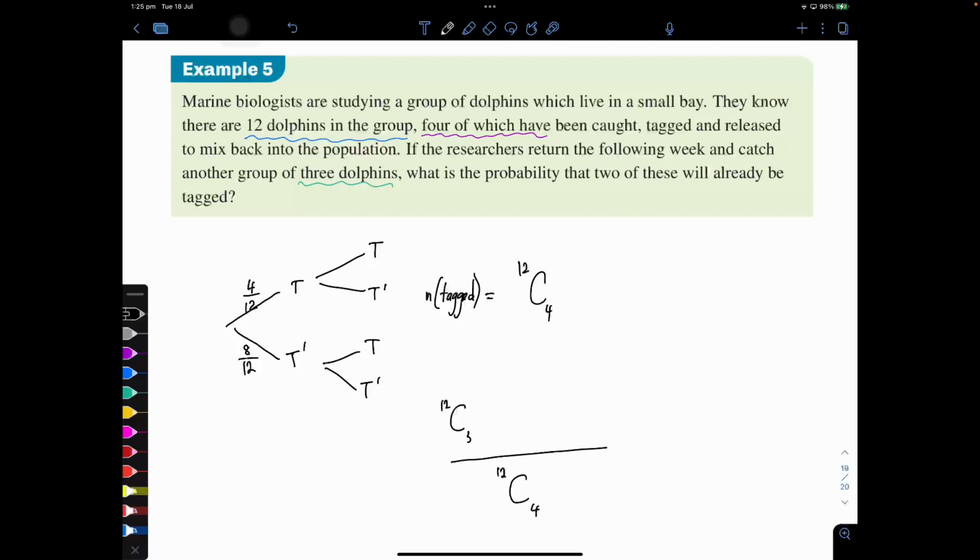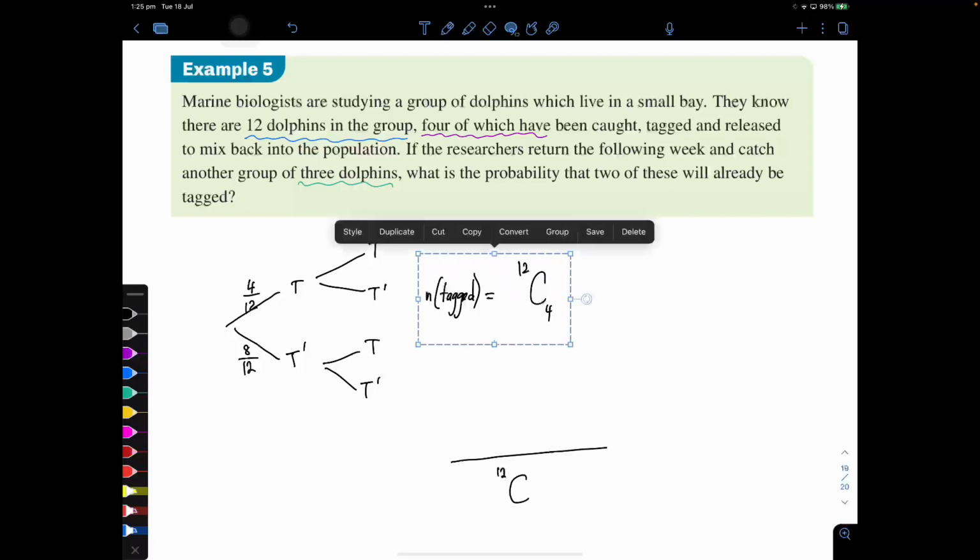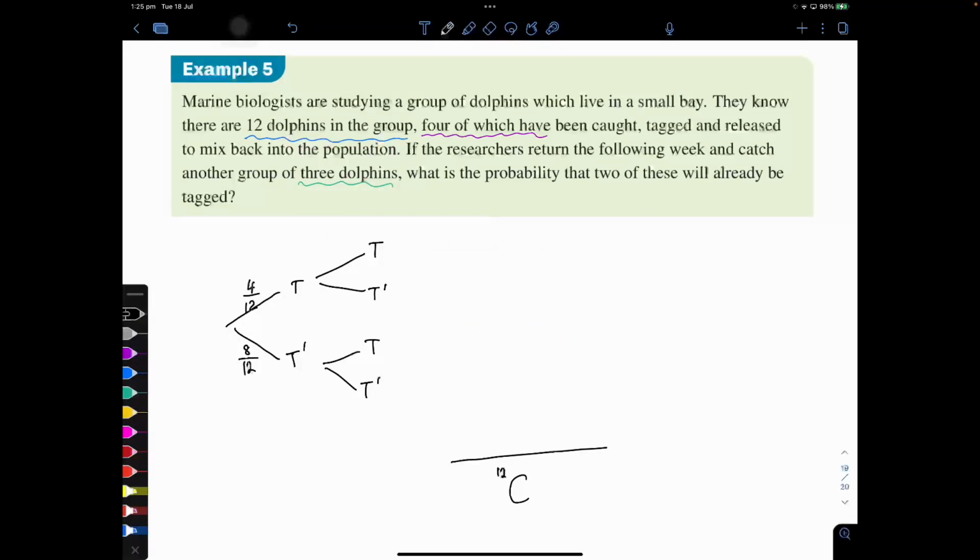And on top is 4 choose 2, because out of the 12, you're choosing 3 dolphins, right?